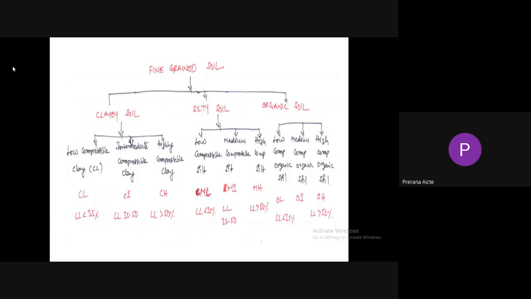This is because in Latin, silt is called mist. Soil itself is derived from the Latin word solium, which means soil.